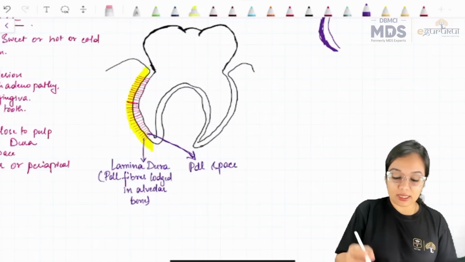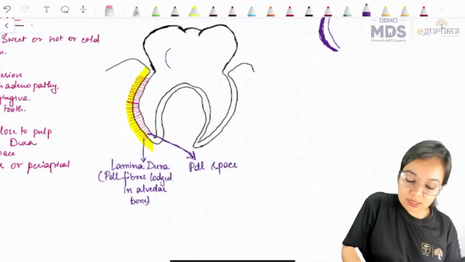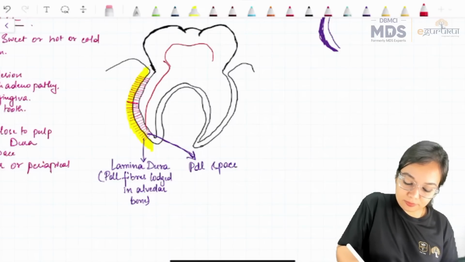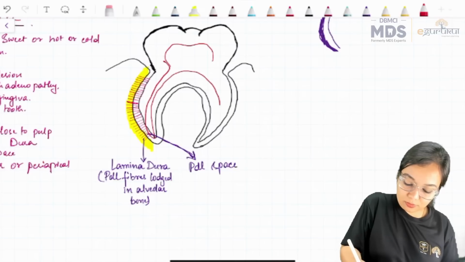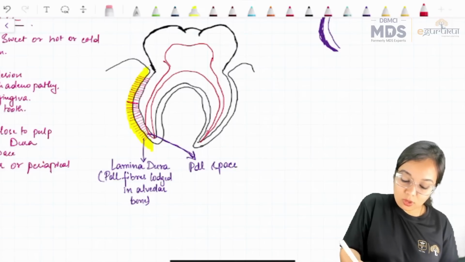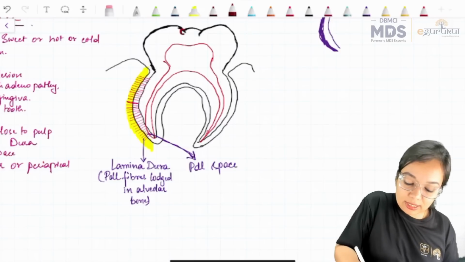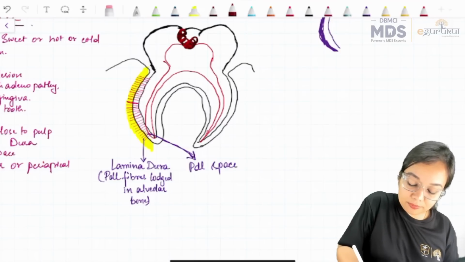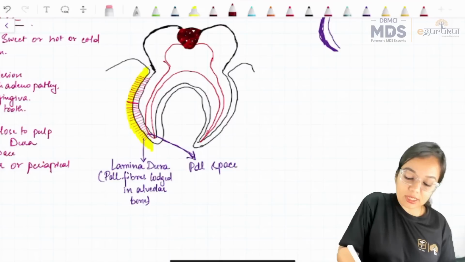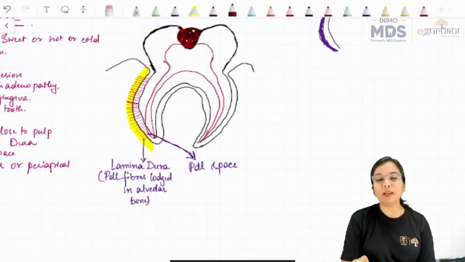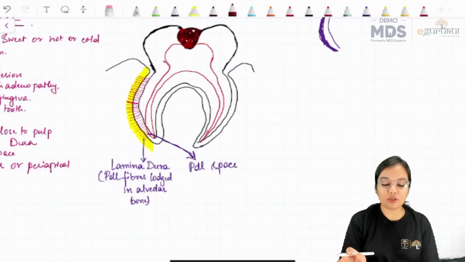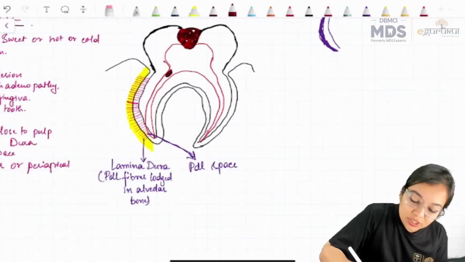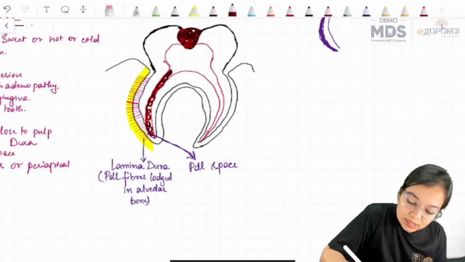Now this here is the pulp. Whenever there are caries that have reached the pulp, the pulp becomes infected, and because of that infection, the infection through the roots reaches the periapical area.